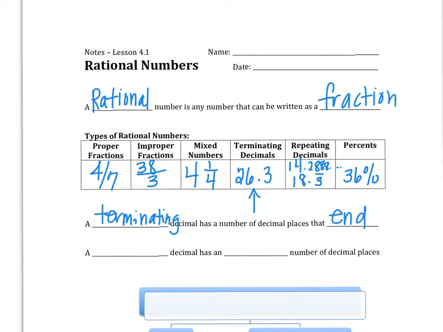A repeating decimal has an unending number of decimal places. So for example, this right here, those are both repeating decimals. It just keeps going on and on. Those are examples of rational numbers.